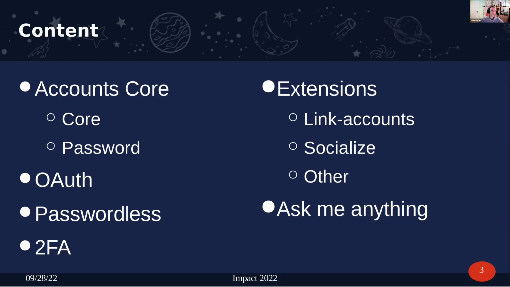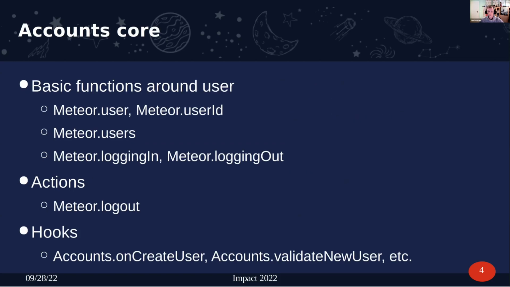So, accounts core. If you have done anything with user accounts, you've probably encountered it, and I'm separating this into what I would call the basic functionality. That's Meteor.user and Meteor.userId, which get you either the current user object or the current user ID. Then there's Meteor.users, which gives you access to the users collection.